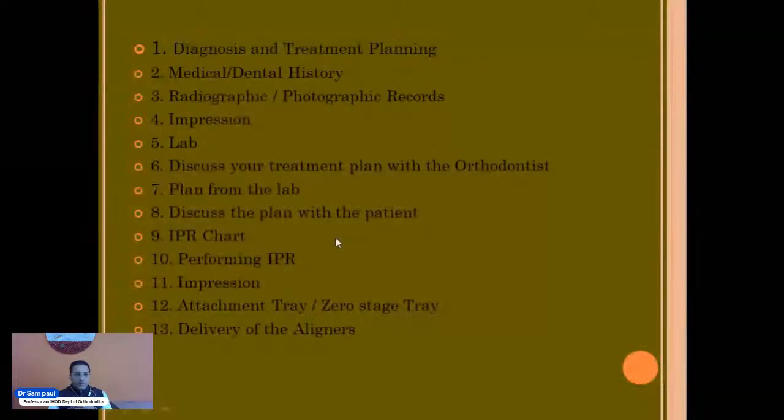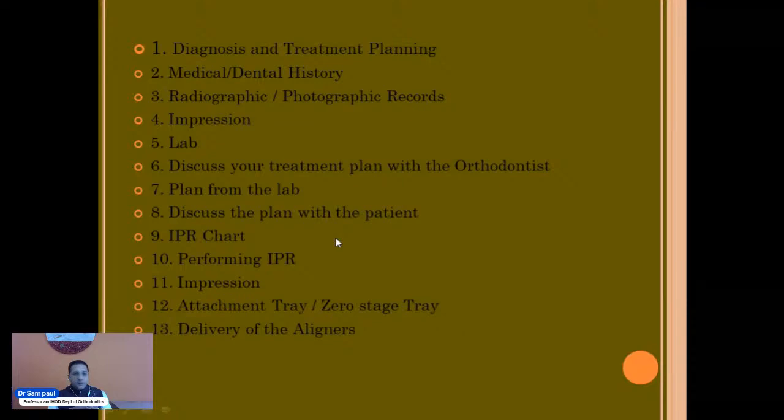Then you get a plan from the lab. You discuss this particular plan with the patient, including the number of aligner trays and the cost of this treatment. Then, if the patient is okay with it, the lab will issue an IPR chart, the interproximal chart.